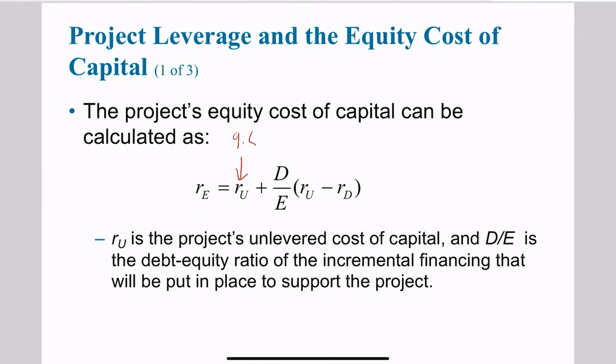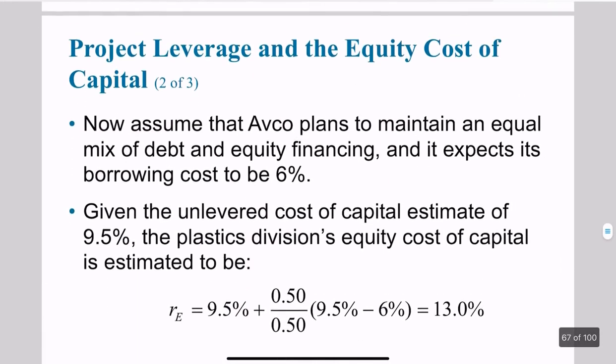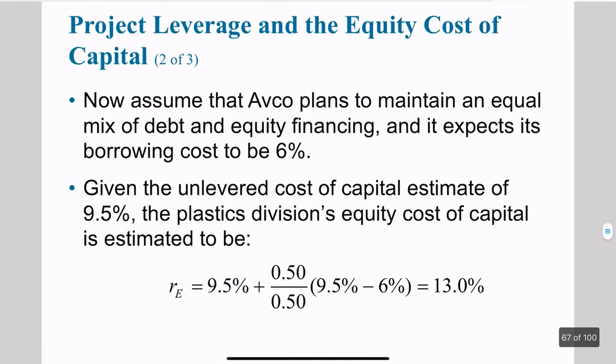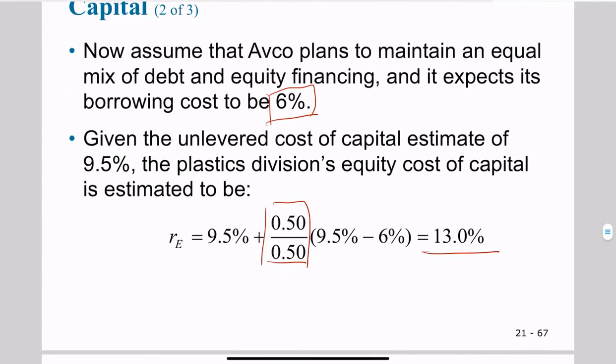It's 9.5%. And then we need these additional data points. So let's say this new project has a debt cost of capital of 6%. And let's also assume this project has a debt equity ratio of 1. And then you can see that using this formula, we find the equity cost of capital is 13%.